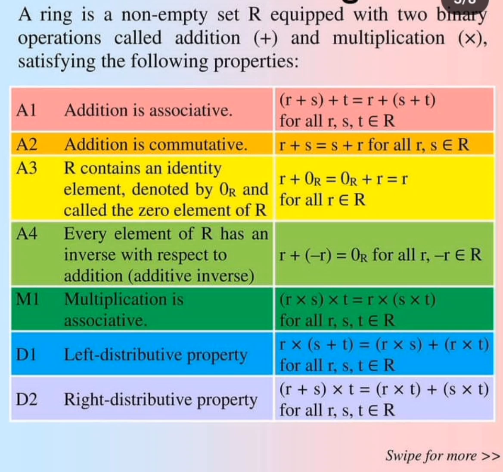So the second axiom is that the addition is also commutative. Commutativity means 1 plus 2 is equal to 2 plus 1. Then we have that the ring must have an identity element.